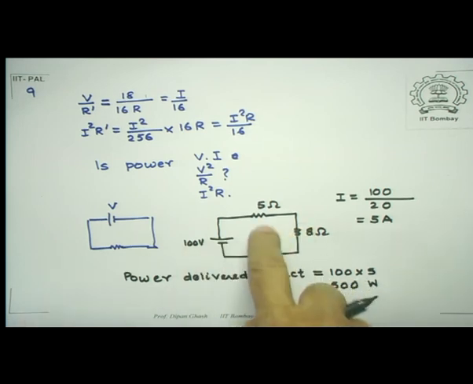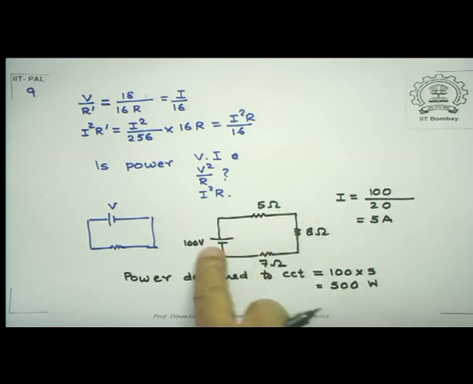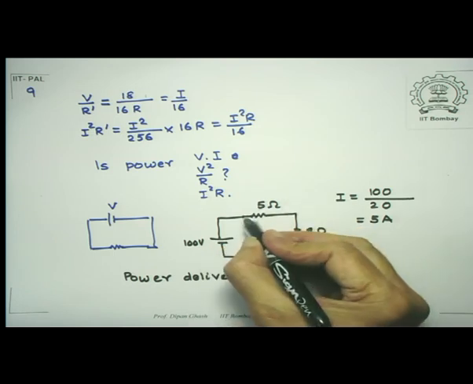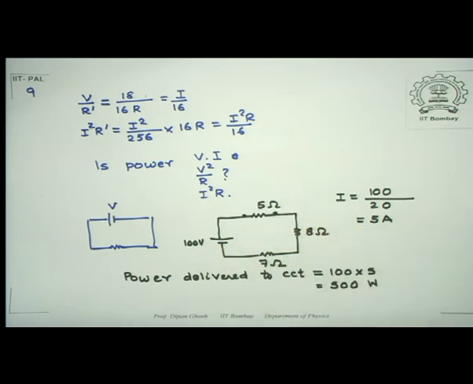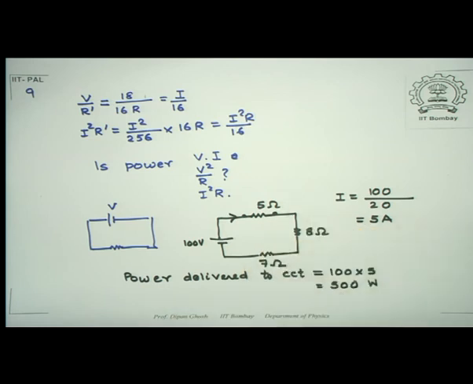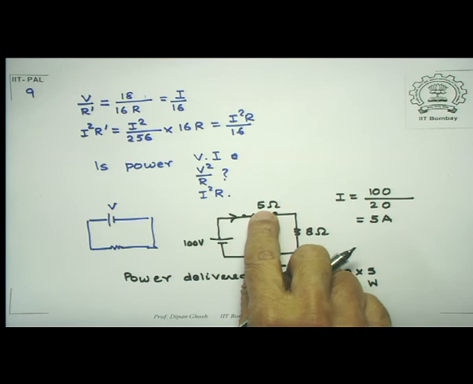But let us look at what happens here. Here it is I square R. The reason is, if you want to use the other formula, you must then find out what is the potential drop across this point, not this 100. But if you say what is the current, because the current is the same in the whole entire circuit, then you can do I square R. So how much is I square R for this?